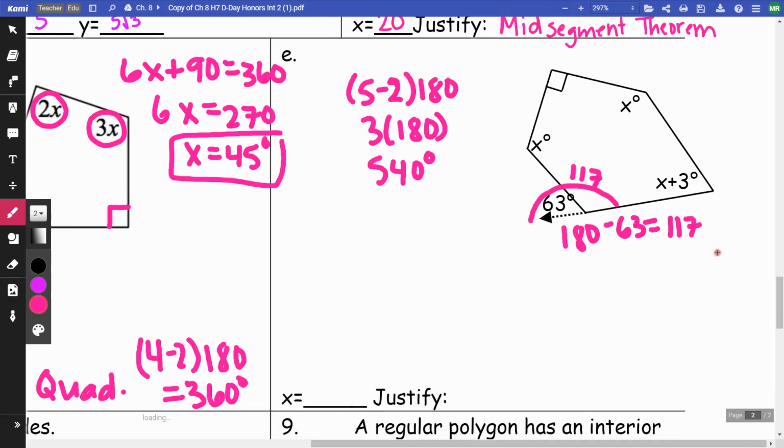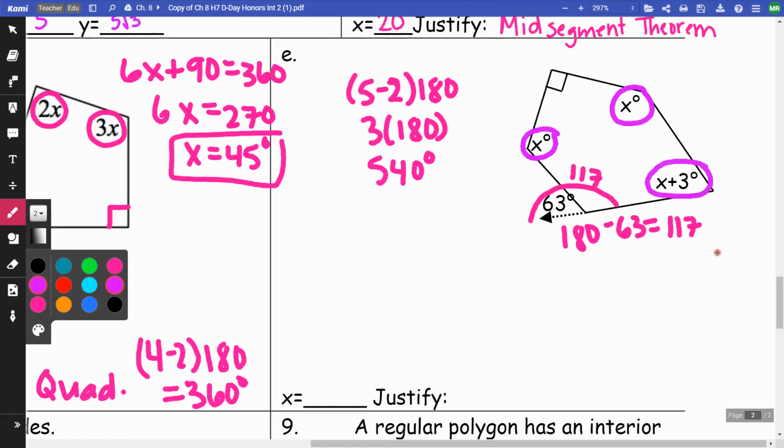Okay, so now when I write my equation, I am going to take x plus x plus x plus 3, which is going to be 3x plus 3. I'm going to add my 117, which is here, and I'm going to add my 90. And together that is going to be 540 degrees.